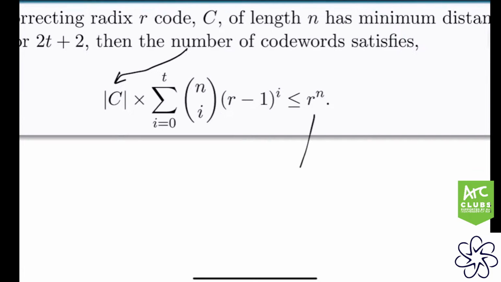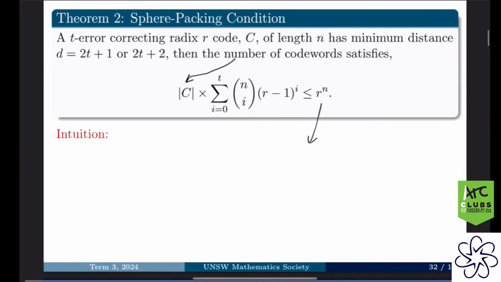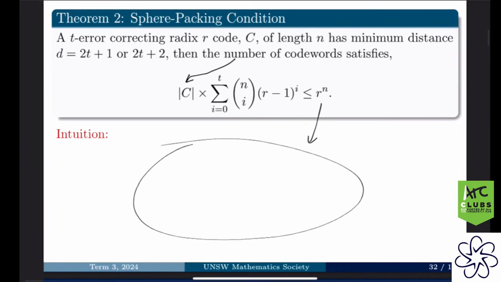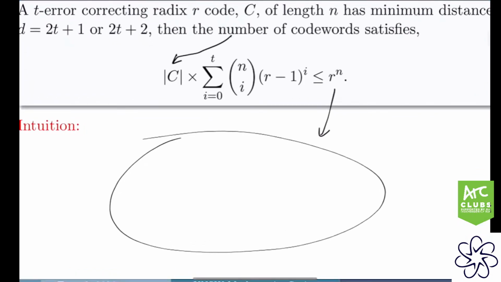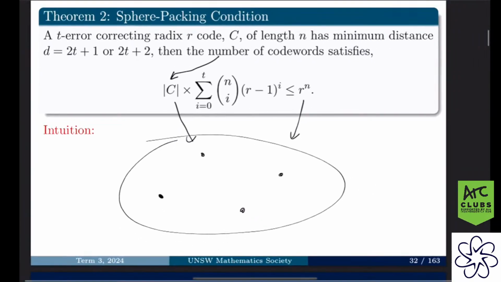So R^n, we can think of it as the group of numbers. So the all possibility amount of kind of binary words that we can form with our code alphabet, right? And we can think of the code words C is going to be these dots that are scattered around R to the N, right?